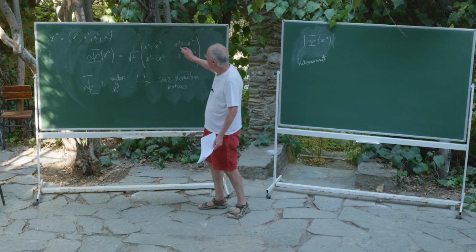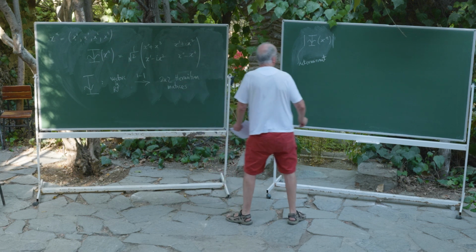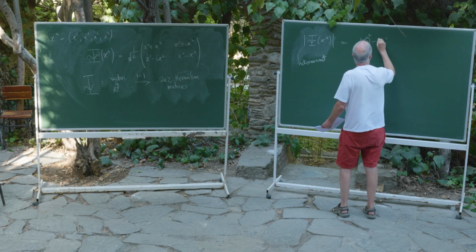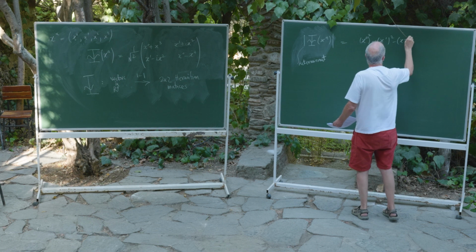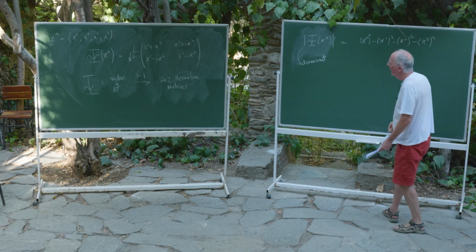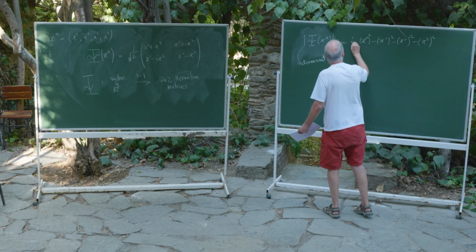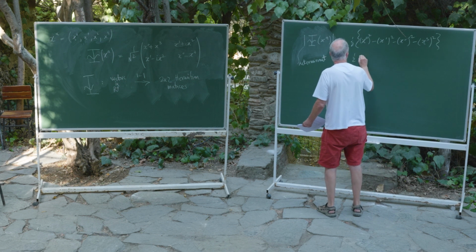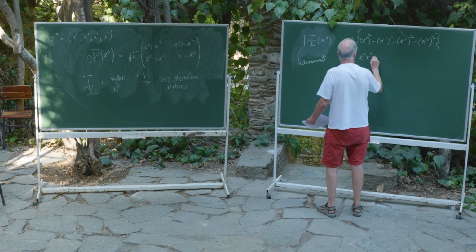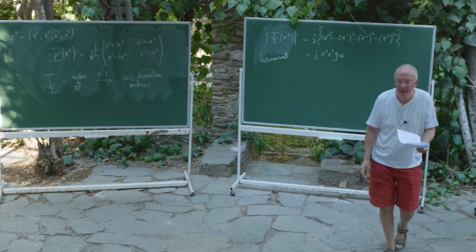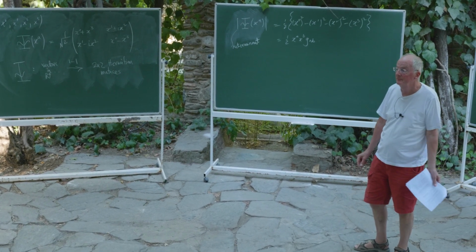That times that minus that times that is x0 squared minus x1 squared minus x2 squared minus x3 squared, with a 1/2. In other words, it's 1/2 of xa xb gab. It's a half of the square of the magnitude of the vector.